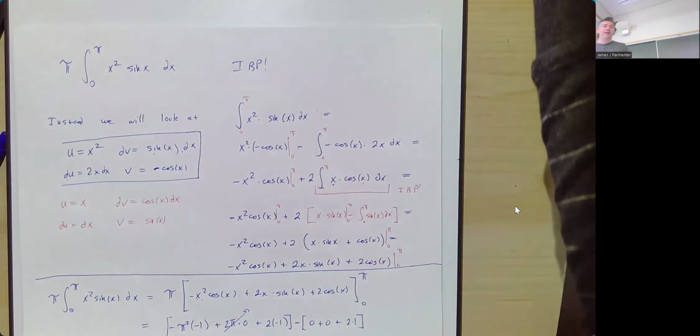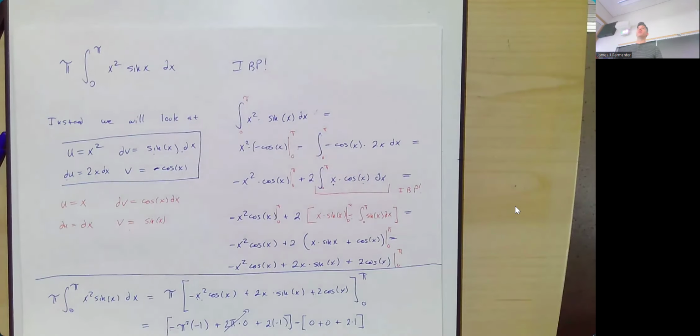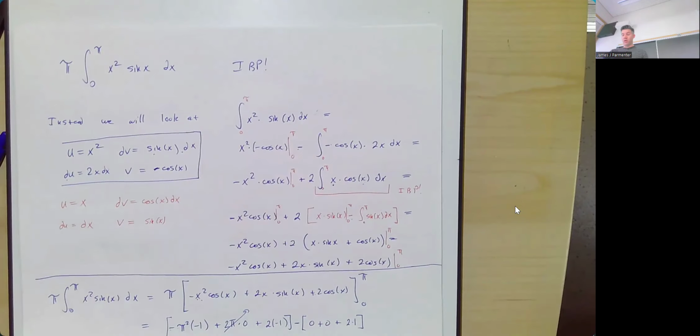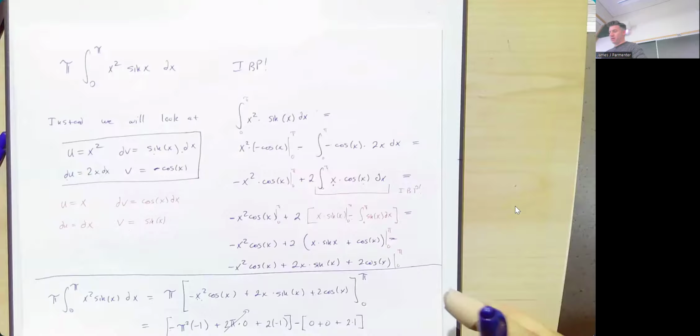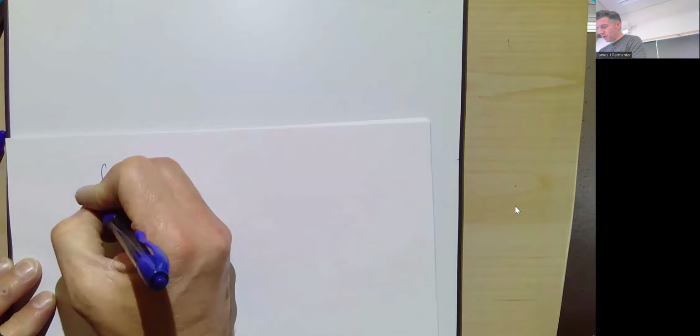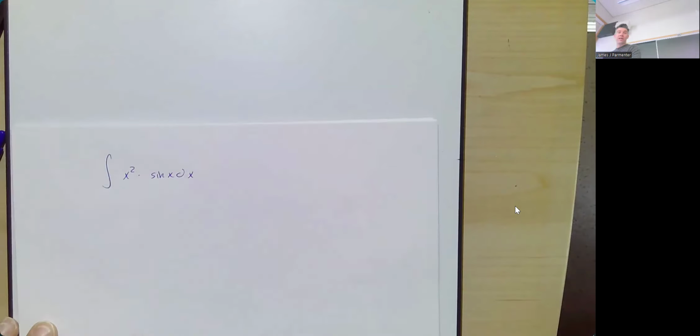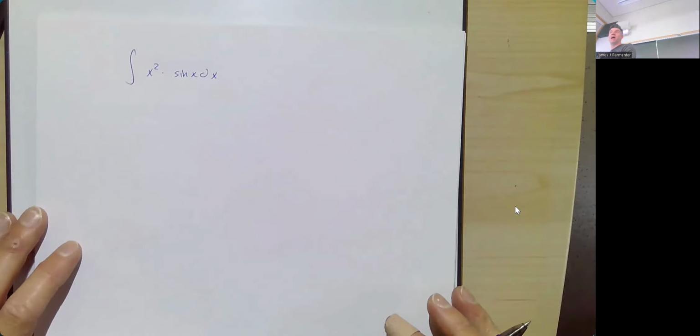I will also point out that this integral would have been a prime candidate for doing tabular integration. So instead of doing integration by parts twice the long way, we could have said that for the integral of x squared times sine of x, this is one of the 3 types of integrals that lend themselves to tabular.